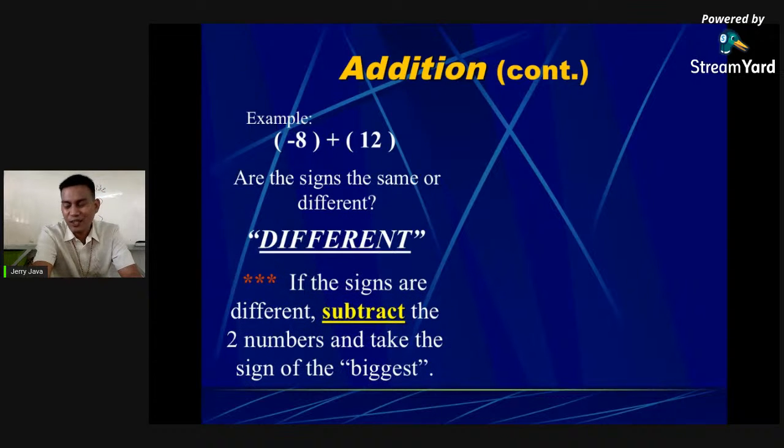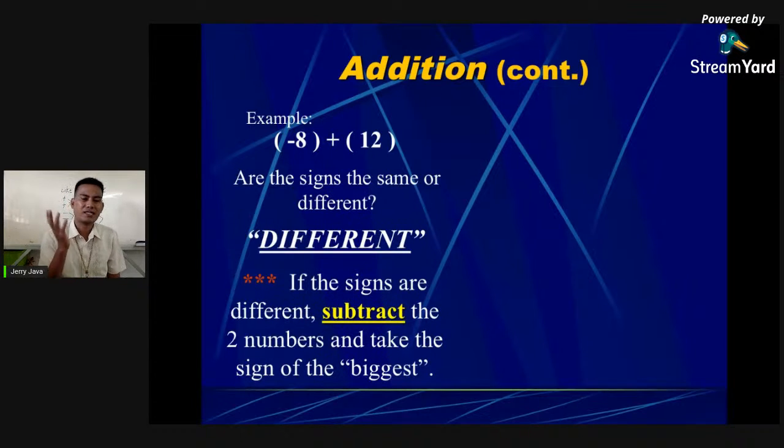Okay, if the signs are different or unlike signs, what are you going to do? You are going to subtract the two numbers and take the sign of the bigger number. Kapag unlike signs, magkaaway yung signs nila, you're going to subtract them: the bigger number minus the lesser number, then copy the sign of the bigger number.